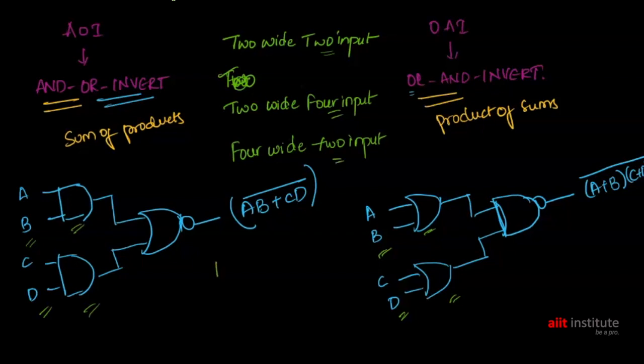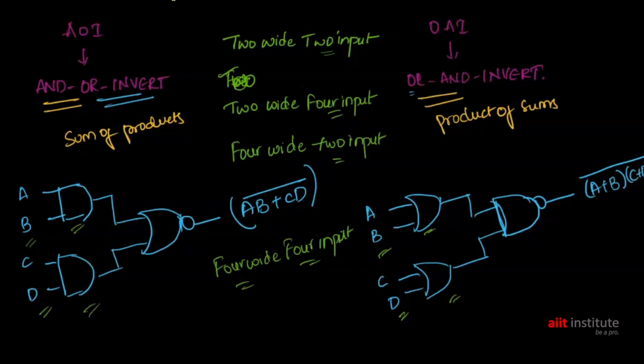And there is also 4 wide, 4 input. And this goes on. So the stages and the representation will depend on the number of inputs and how many gates are used in the first level. So this is how these can be differentiated.